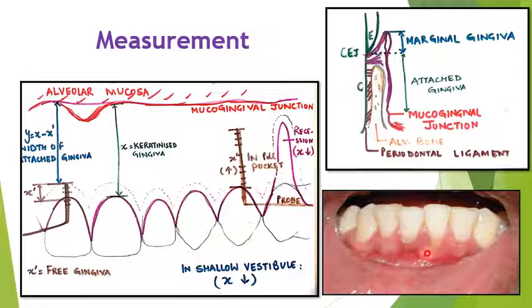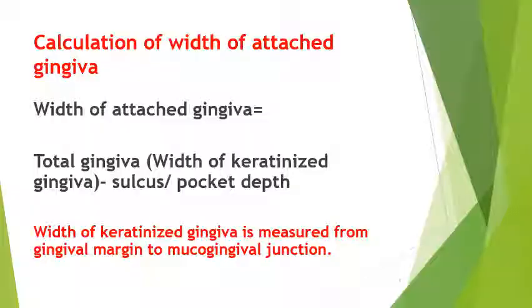So there is almost no attached gingiva with respect to this tooth, or we say there is inadequate width of attached gingiva. So width of attached gingiva is equal to total gingiva minus sulcus or pocket depth, and width of keratinized gingiva is measured from gingival margin to mucogingival junction. I have already explained.